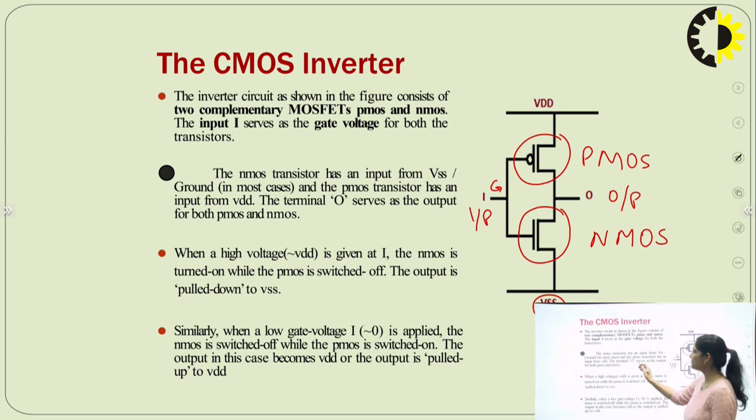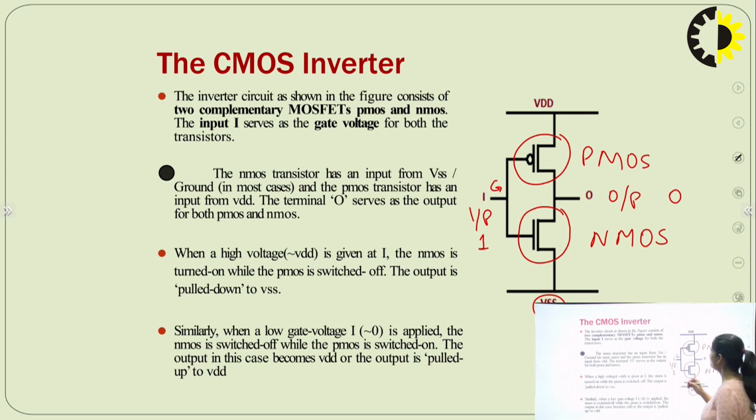The output terminal serves as the output for both PMOS and NMOS. Now, when a high voltage VDD is given at the input, that is logic 1, the inverter gives 0.